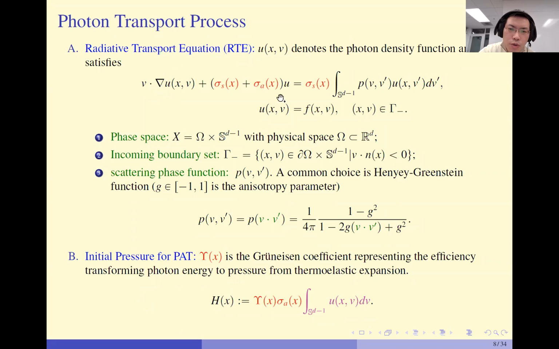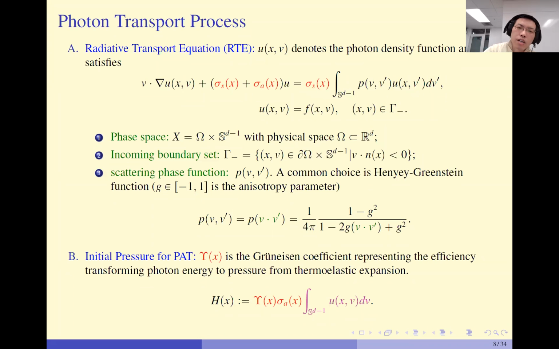For this equation, the left-hand side stands for the transport part. Basically, the left-hand side stands for the transport operator for the direction of V, and the right-hand side stands for the scattering component in the V direction. This P function is a scattering phase function, the probability function that photons traveling from a V prime direction get scattered into V direction.